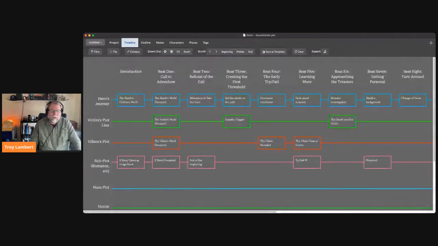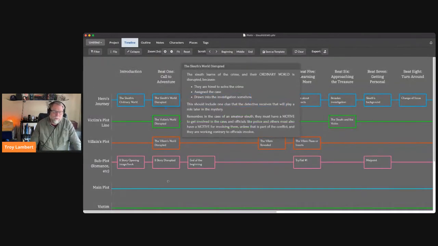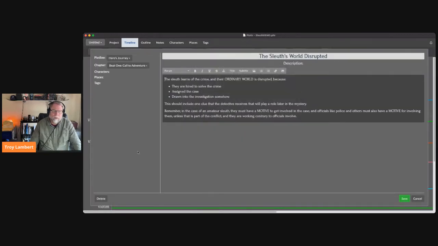But this is just, you introduce an ordinary world, and then immediately with the call to adventure, we're using the same terminology we would for the hero's journey. Instead, they're essentially hired to solve the crime, or they somehow become involved with the case. So they're drawn into the investigation somehow. Their ordinary world is disrupted.